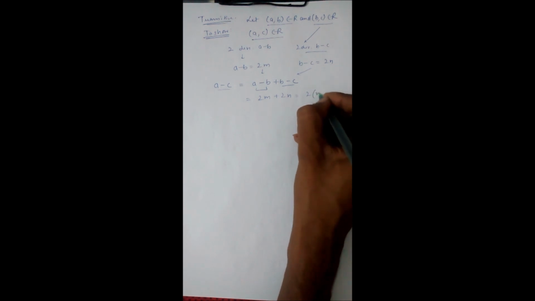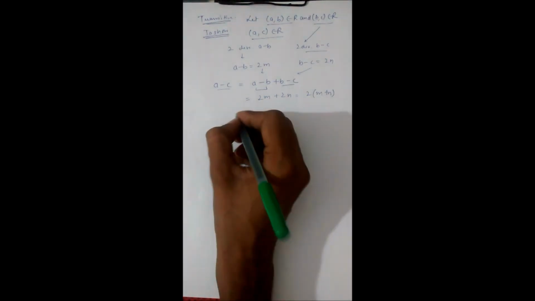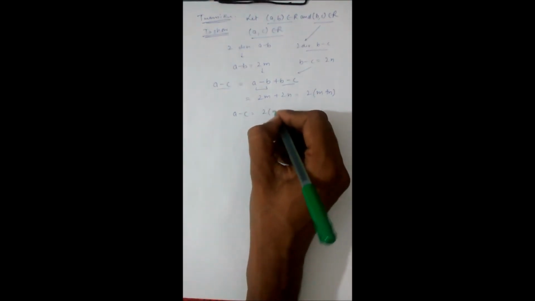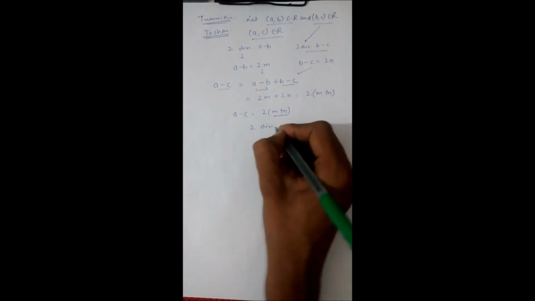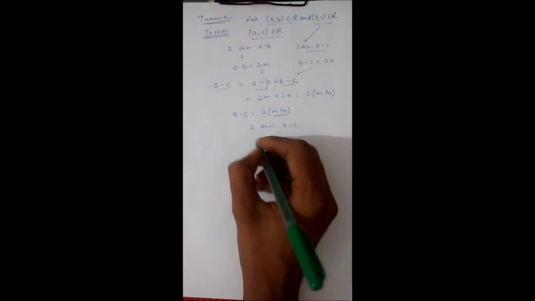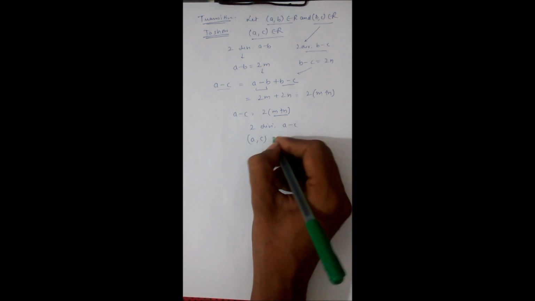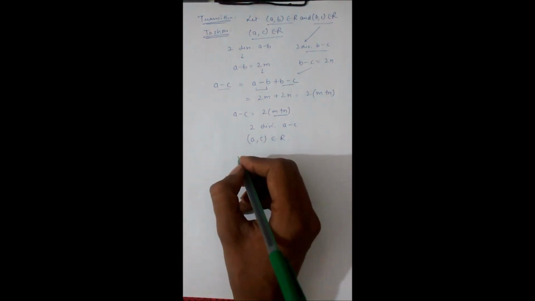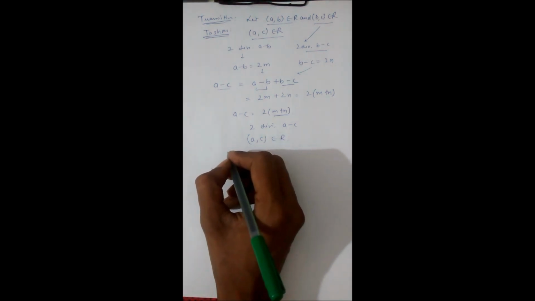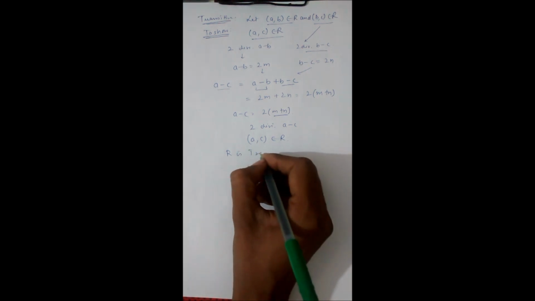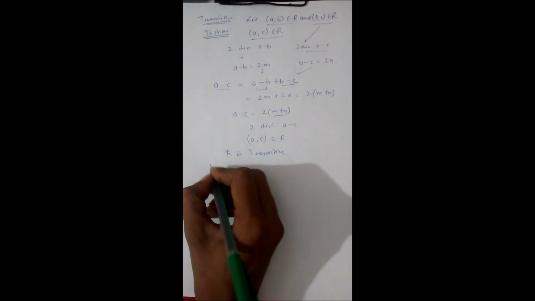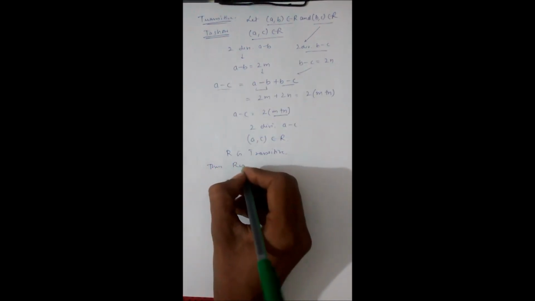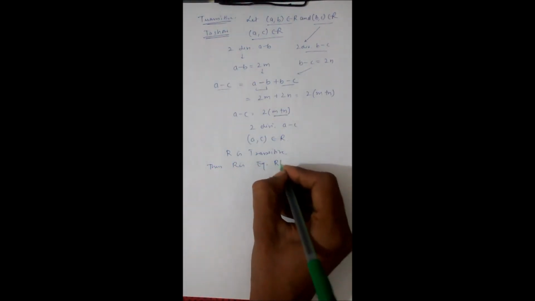This makes a minus c equal to 2(m plus n). This will also be an integer, so this shows that 2 divides a minus c. This is nothing but (a,c) belongs to R, which makes it transitive. And thus R is an equivalence relation.